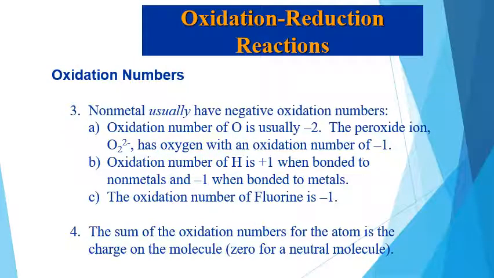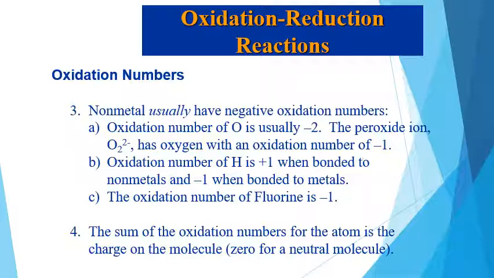Now, nonmetals usually have negative oxidation numbers. In the case of oxygen, the oxidation number of oxygen is usually -2. For the peroxide ion, take note that the peroxide is represented by O2 2-. This has an oxygen with an oxidation number of -1.